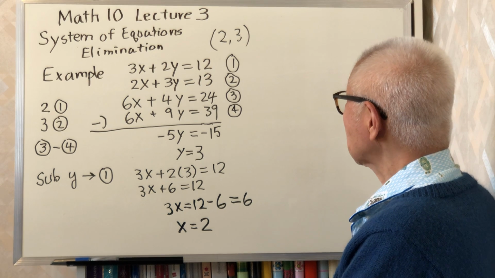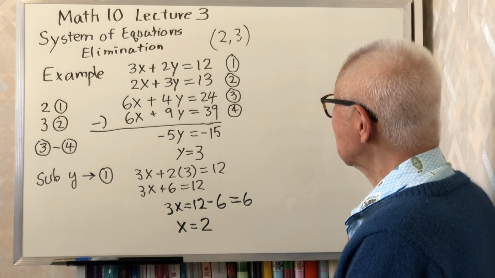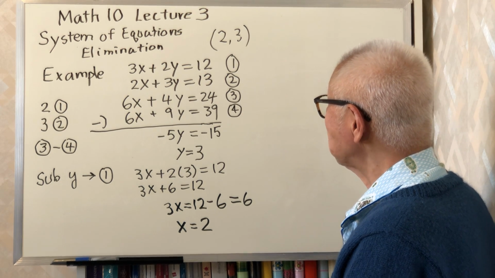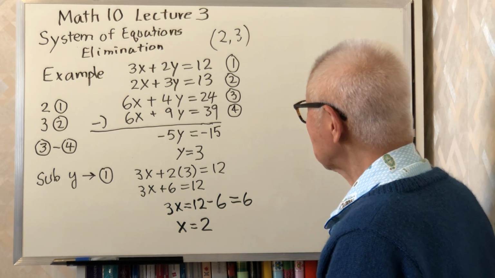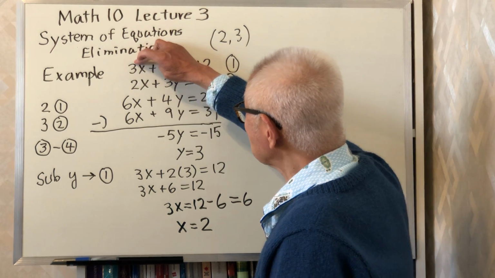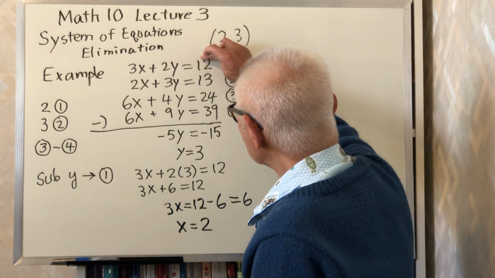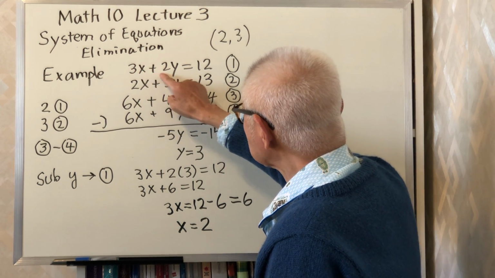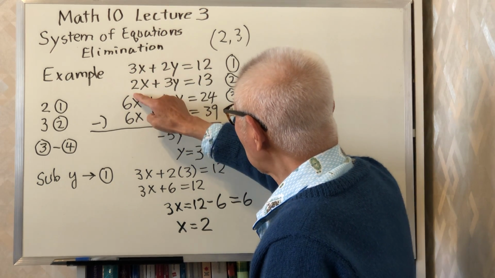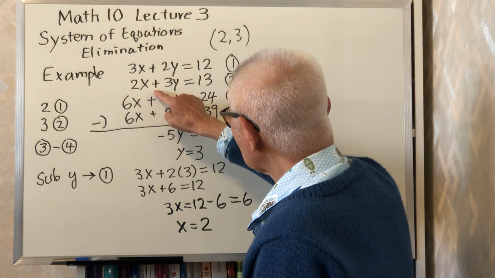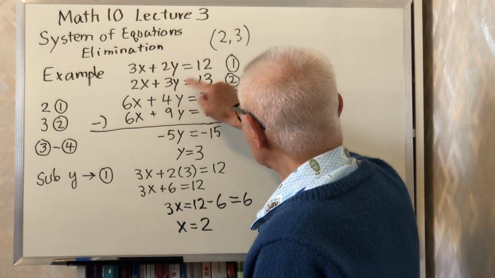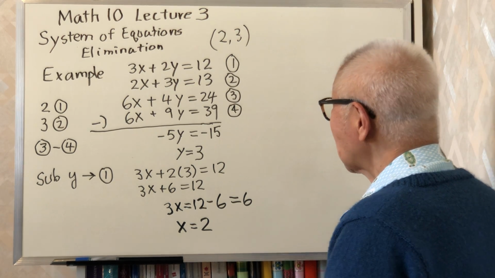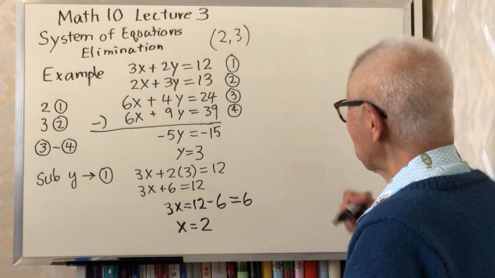Okay, let's do another example using a general expression. So instead of 3, 2, 12, I put a here, ax plus by, and here I write cx plus dy, and equal to e and f. So I want a general answer.